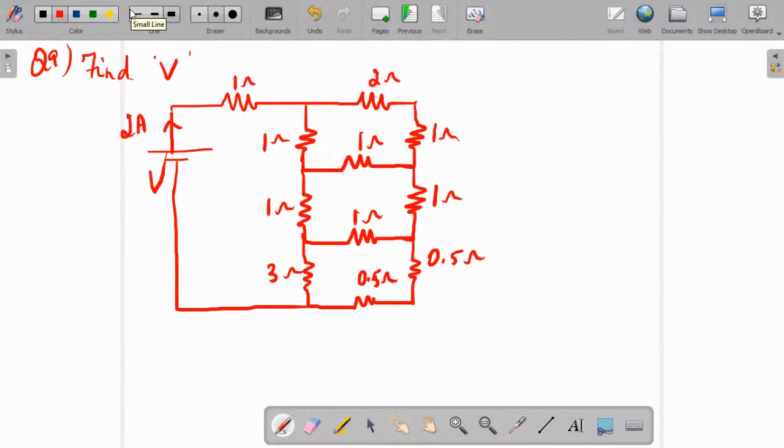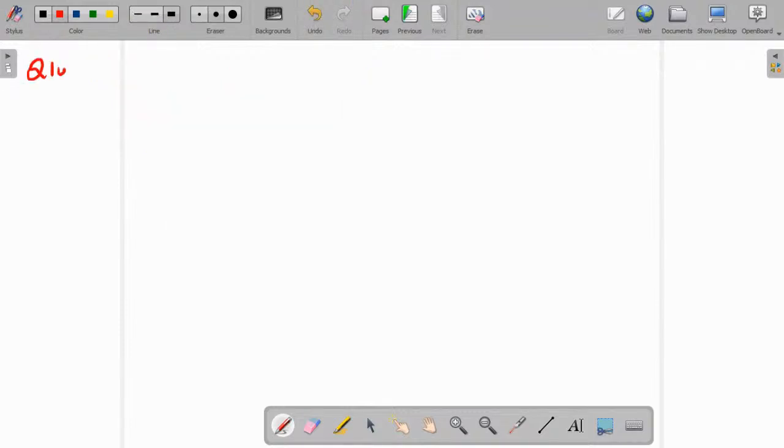So the last question for workout, question number 10. Find the current through the resistor R. Okay, so I am denoting it as IR. So the network given is a 10 volt source. You have a series resistor of 10 ohm.